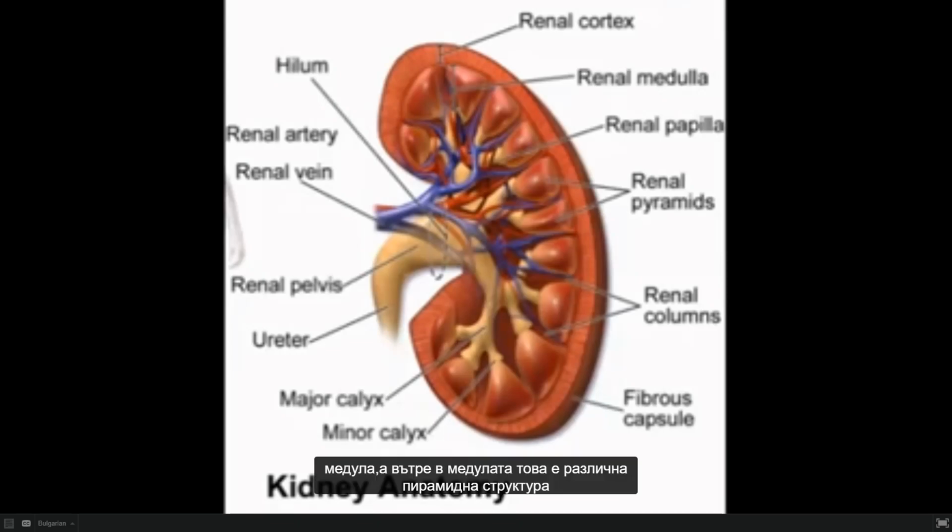Inside of the medulla is a different pyramidal structure, a substructure of the kidney, and even the name is the renal pyramid. Inside of the renal pyramid, you have a renal papilla and a representation of all the vascularization inside of the kidney, from the artery part and from the vein part.